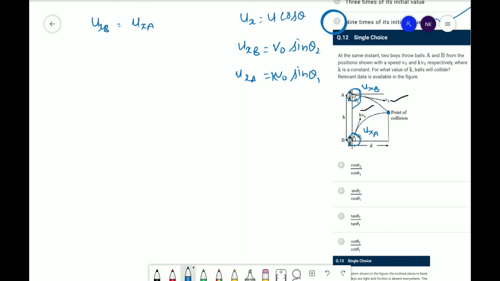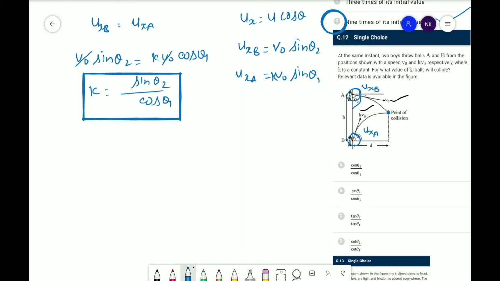Equating both, we get v naught sin theta 2 equal to kv naught cos theta 1. V naught cancels out, hence k is equal to sin theta 2 upon cos theta 1. So sin theta 2 upon cos theta 1, option B is the correct one.